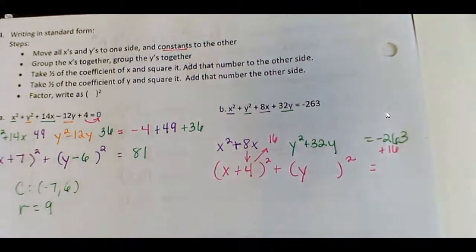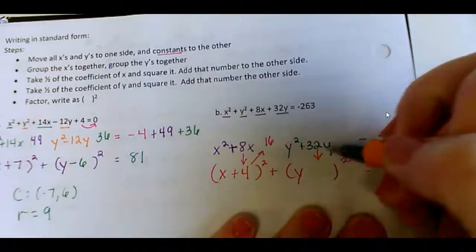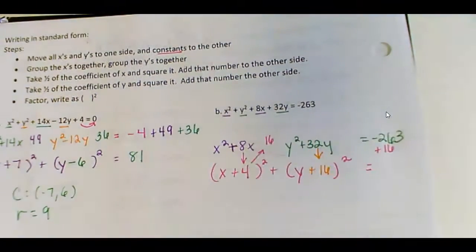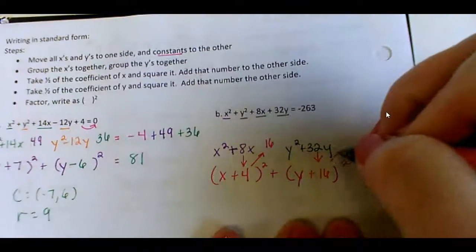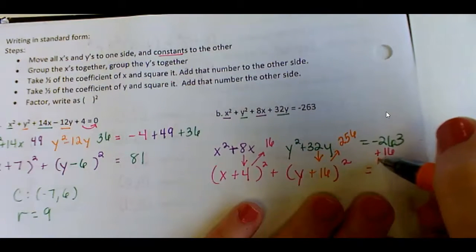Okay, I'm going to take half of the 32 and get 16. 16 squared, I don't know what that is, but it's 256. And I'm going to add that over here.